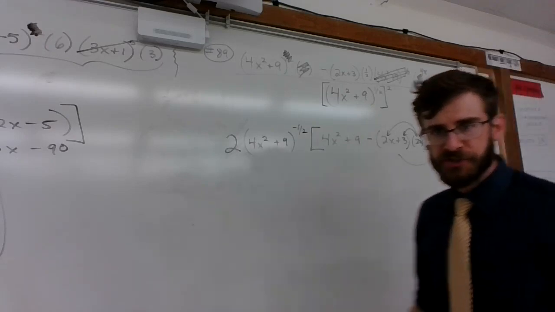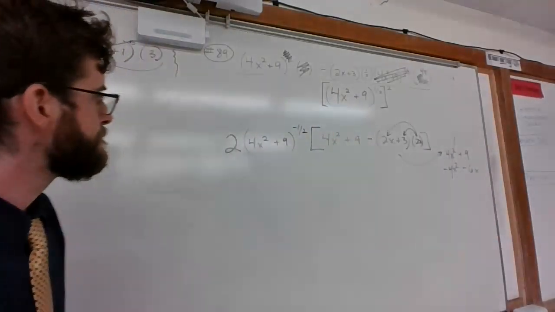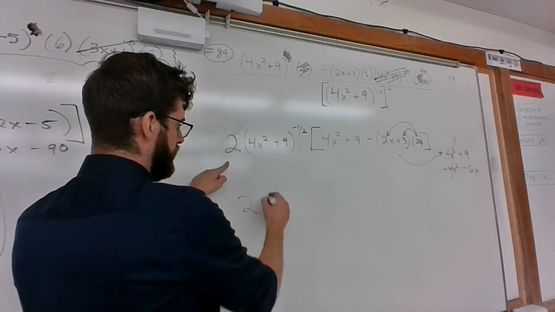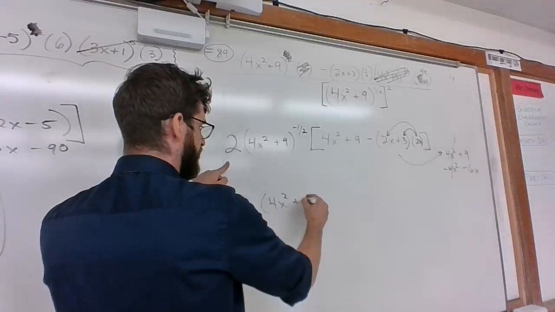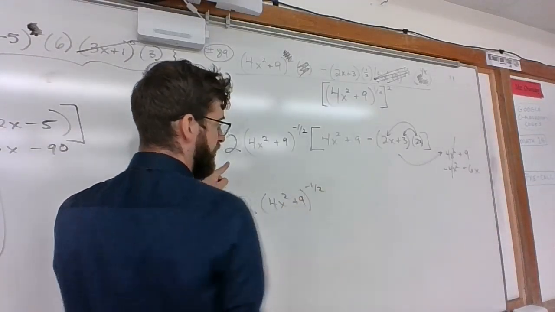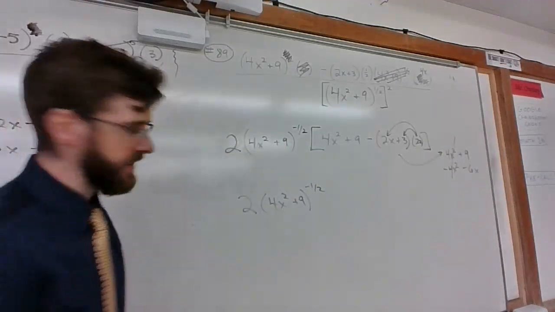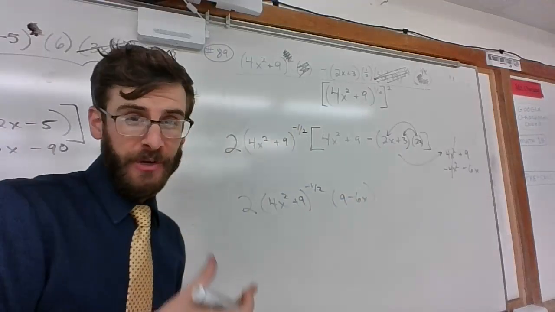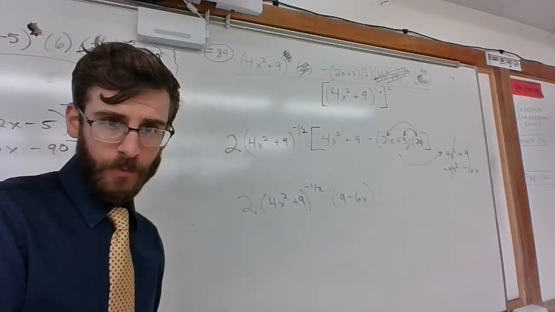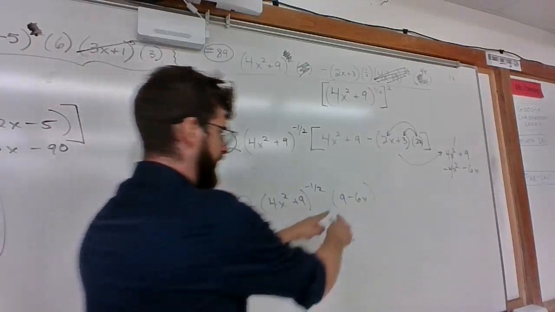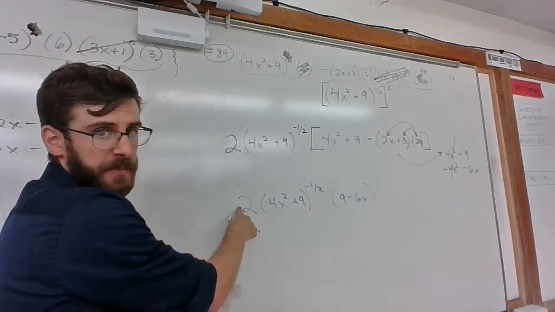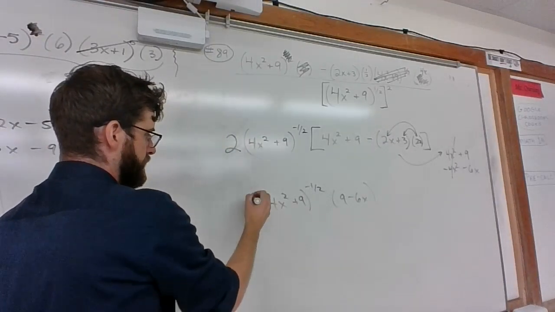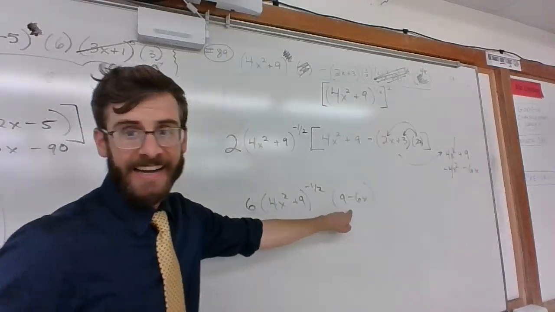So the 4x squareds just completely cancel out. So we had 4x squared plus 9 to the negative half. That whole thing just reduces to 9 minus 6x. Which technically, there's a 3 in the 9 and a 3 in the 6. We could factor that out too. Factor a 3 out of here, and what does this become? 2 times 3. 6. Make sure you divide out.